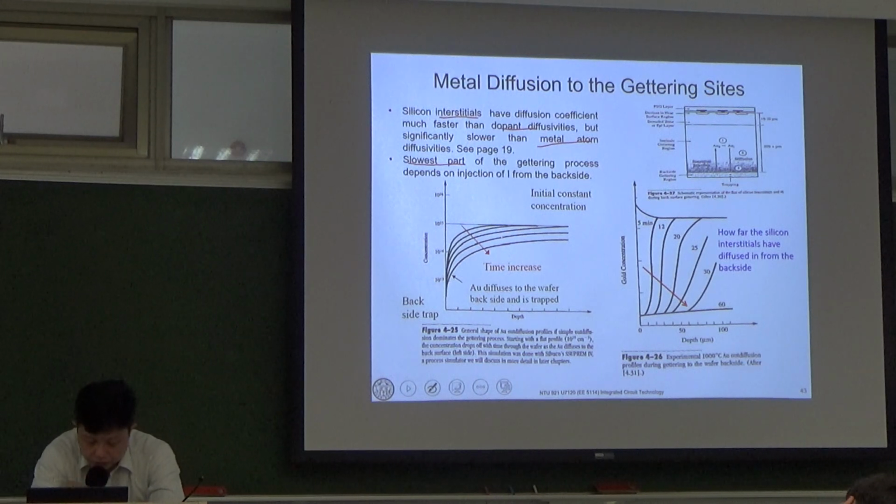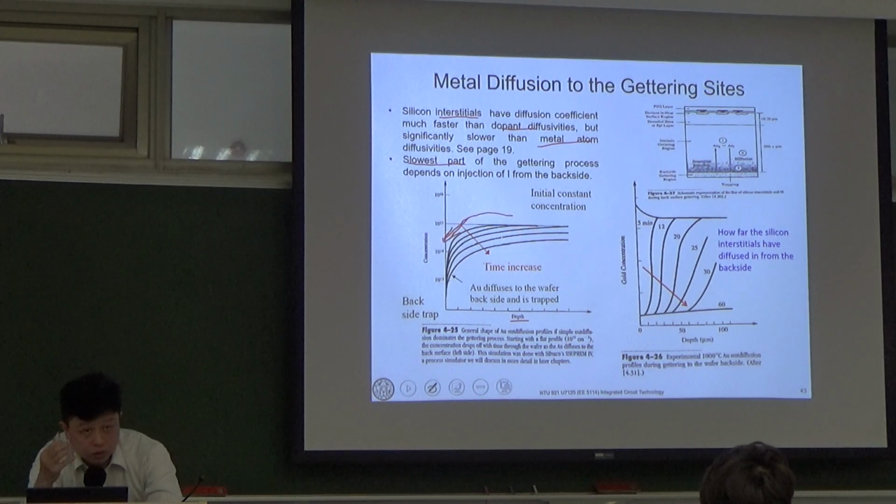On the left-hand side, this figure shows you the gold concentrations as a function of your depth. So this is the backside trap. Once your metal reaches your backside, then it'll be trapped.